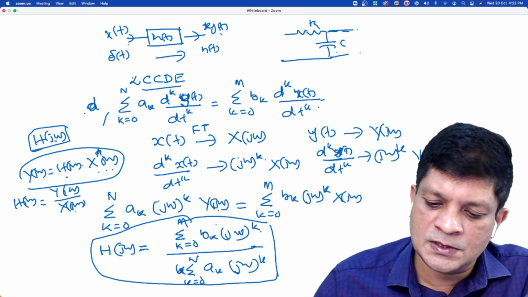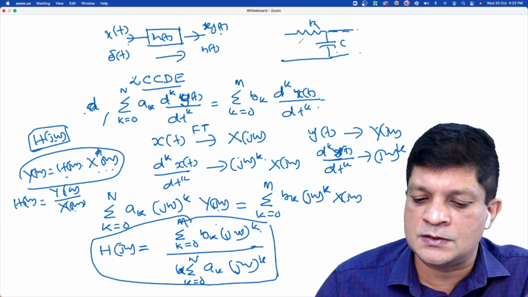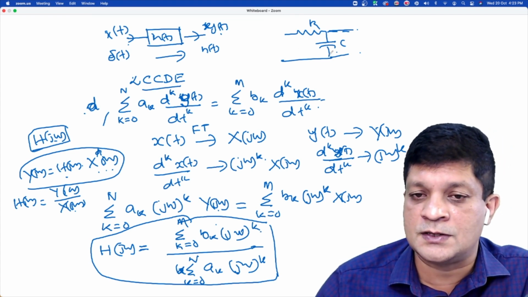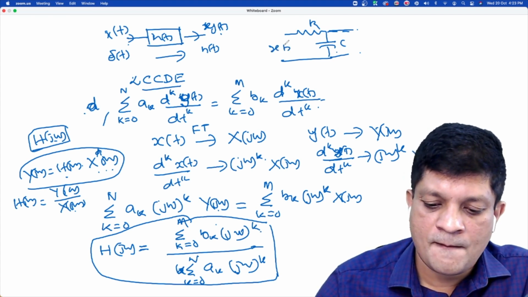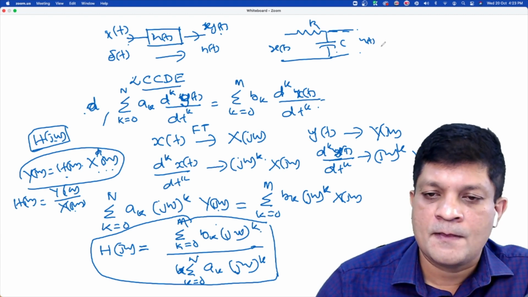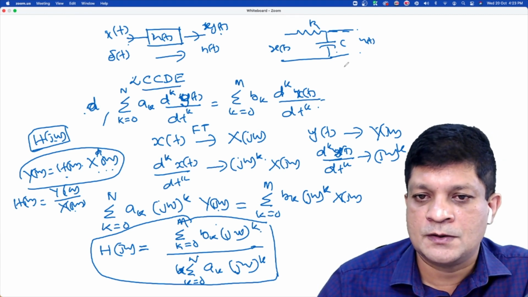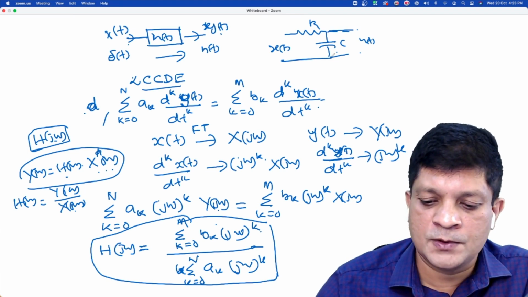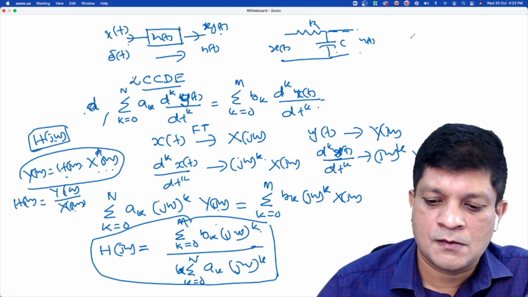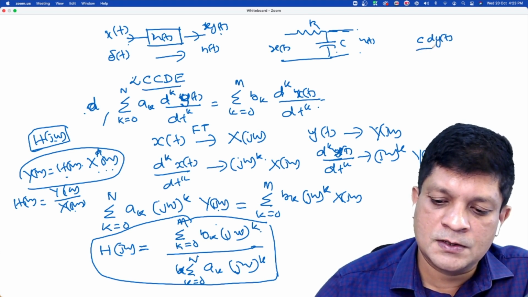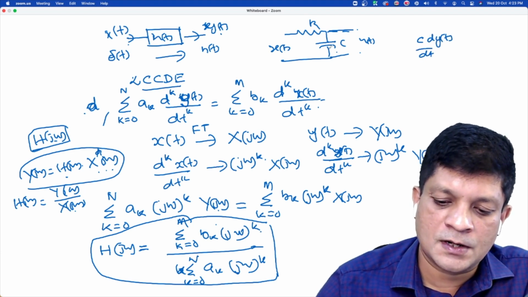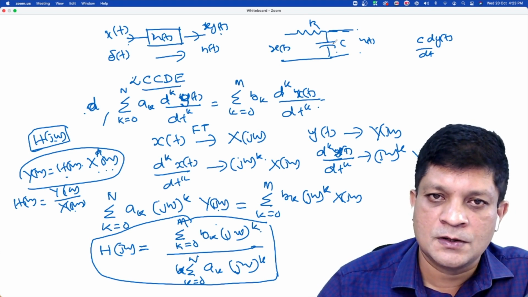What is the differential equation governing this LTI system? What is the current flowing through this capacitor? Is it C into dy(t)/dt?